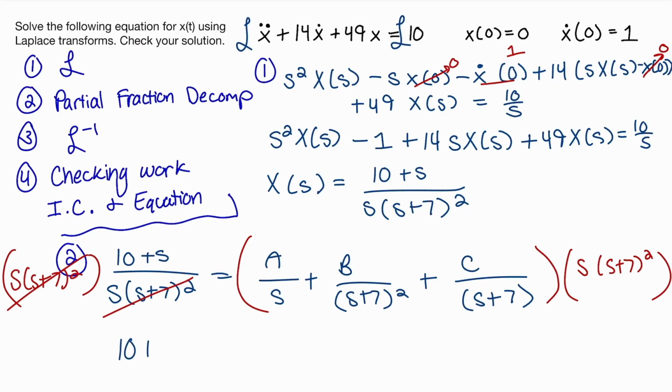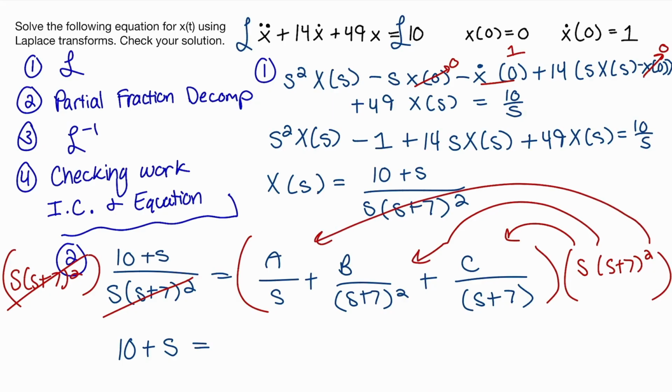So 10 plus s equals, and then I'll multiply each of these by this term: A (s plus 7) squared plus B s plus C s (s plus 7).